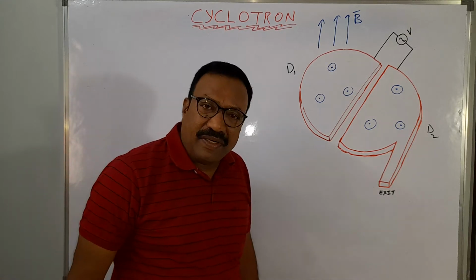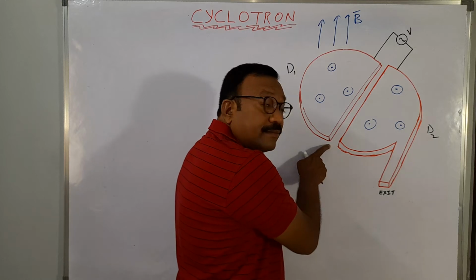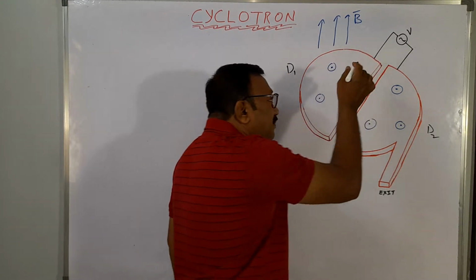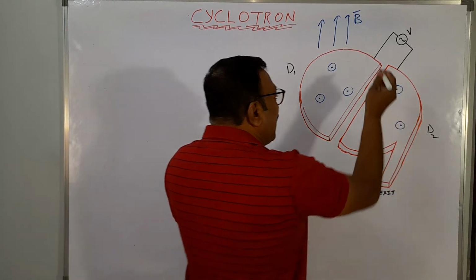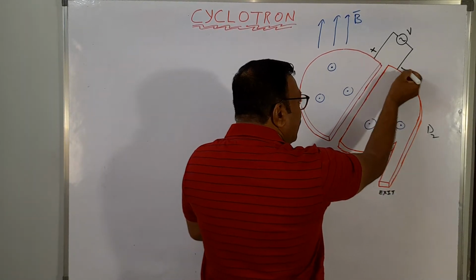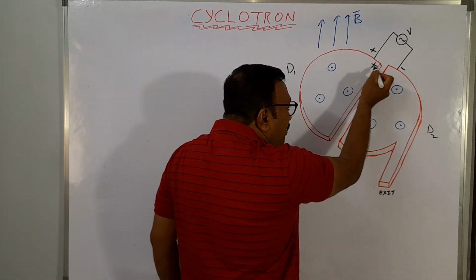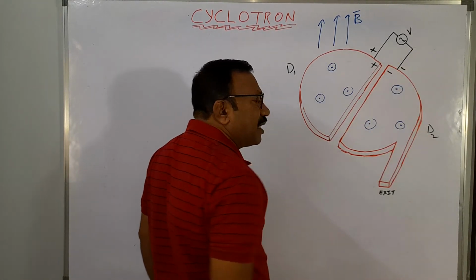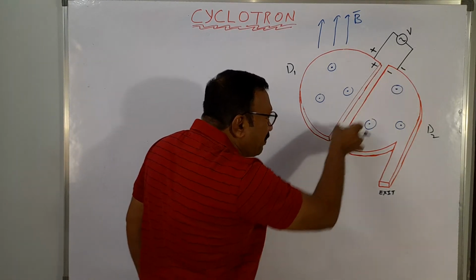Then where is the electric field? The electric field will be between the Ds. For example, if at any instant this alternating voltage is having a plus here and a minus there, then this D will have a plus potential and this D will have a minus potential. So there is an electric field in this space.